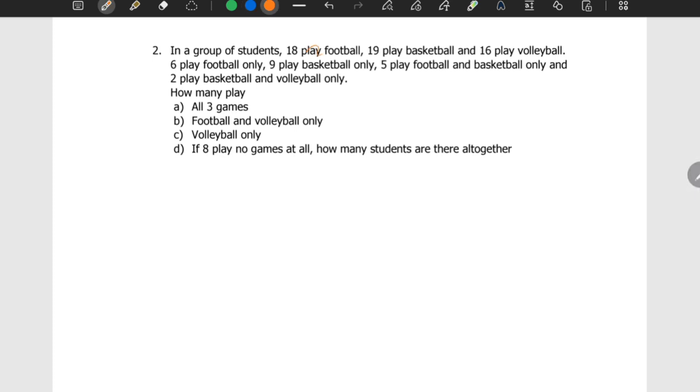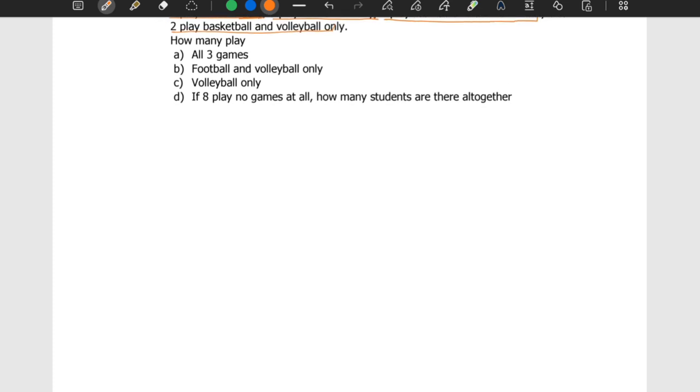So just take note of what they say. 18 play football, 19 play basketball, and 16 play volleyball. 6 play football only. So take note of only. 9 play basketball only. 5 play football and basketball only. 2 play basketball and volleyball only. When they say 2 play basketball and volleyball only, that means that that's an intersection between volleyball and basketball.